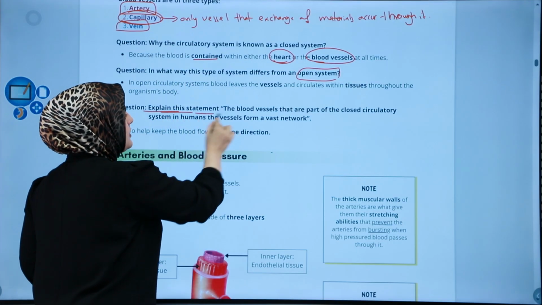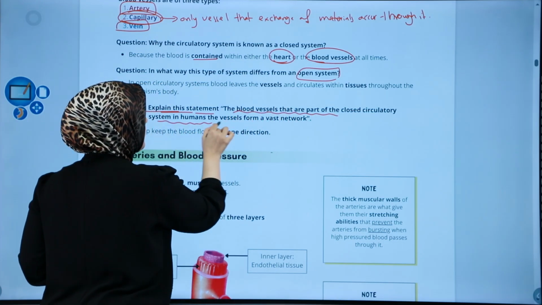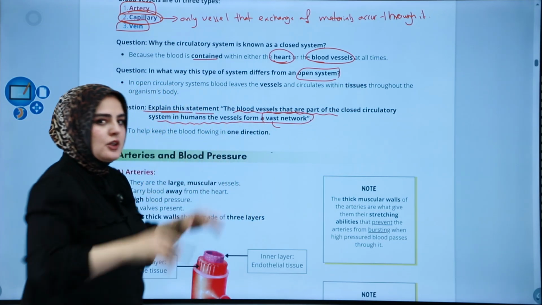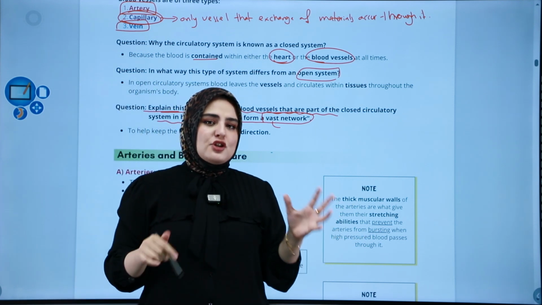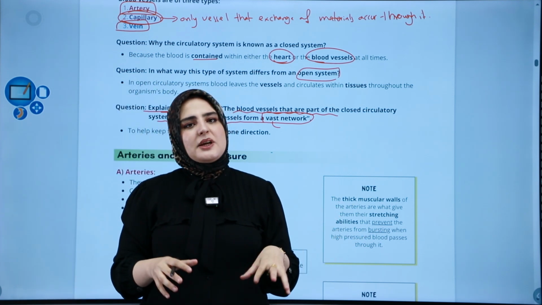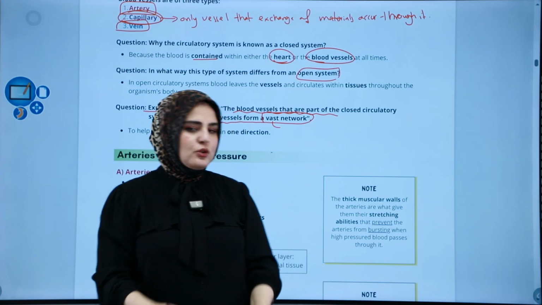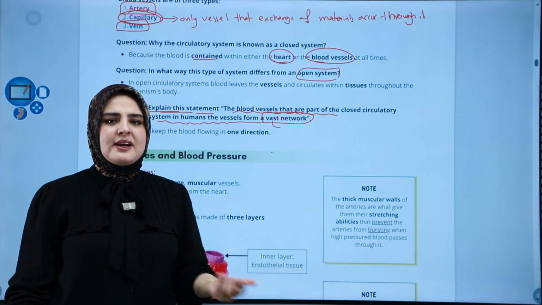Explain the statement: the blood vessels that are part of the closed circulatory system create a vast network. Vast means huge. Network means a lot of branches. Once that happens, it's because we want that blood to reach everywhere, because we don't let it go freely within the tissues and then come back later by itself.